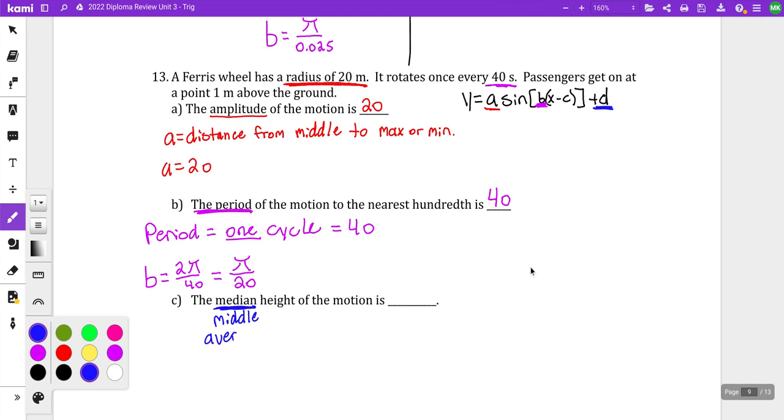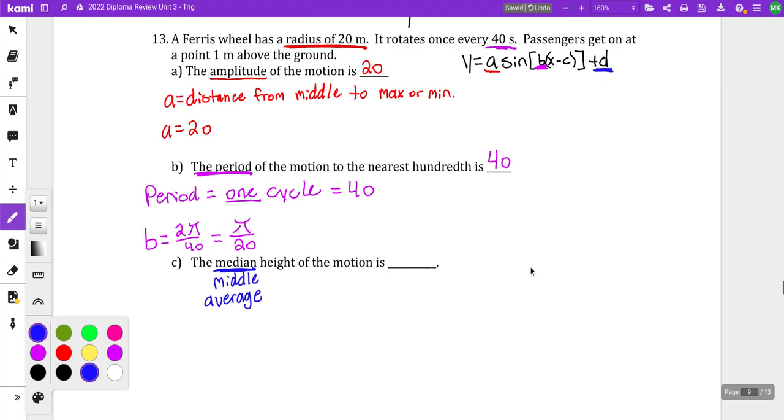They could say the average height when you're on this Ferris wheel is. We call this the d value. To do the midline, I like to do the max plus the min and divide that by 2.